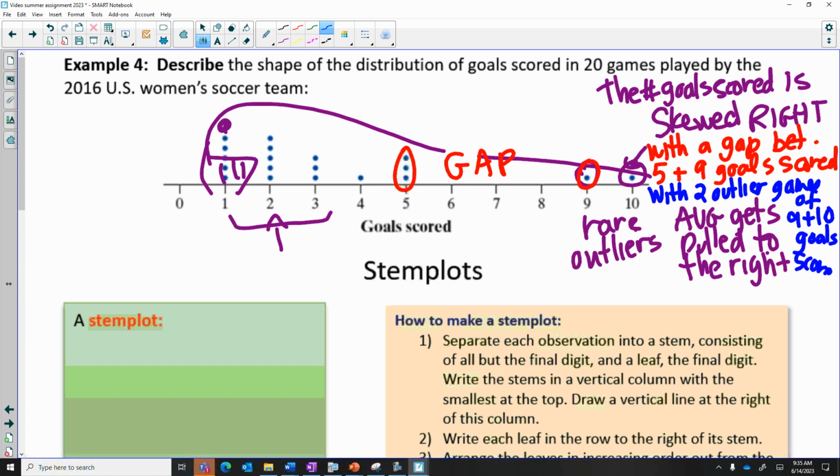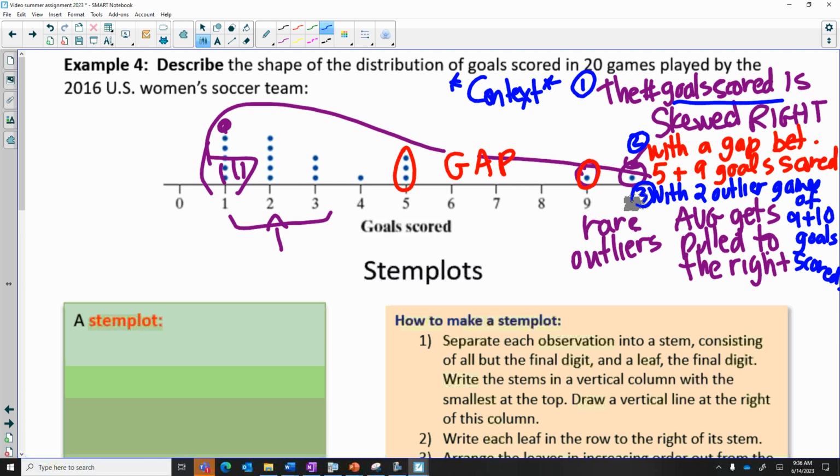Now notice I'm throwing in the words goals scored, goals scored, goals scored. And I'm doing that because we need to have context. Okay, so pretty important. You don't want to just list bullet points here. You want to kind of put in the context of the question. So let's sum it all up. The distribution of goals scored by the U.S. women's soccer team in the year 2016 was skewed to the right, with a gap between 5 and 9 goals scored, and with 2 outlier games of 9 goals scored and 10 goals scored.